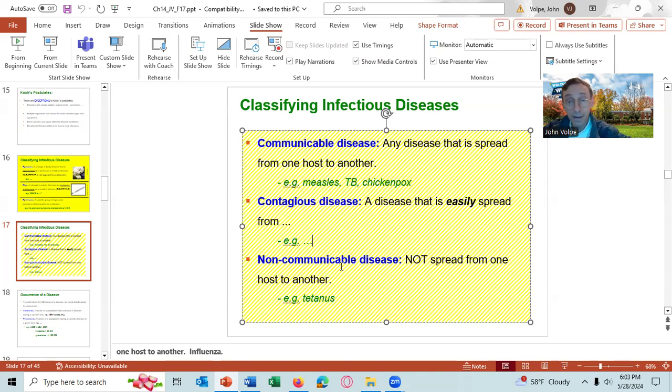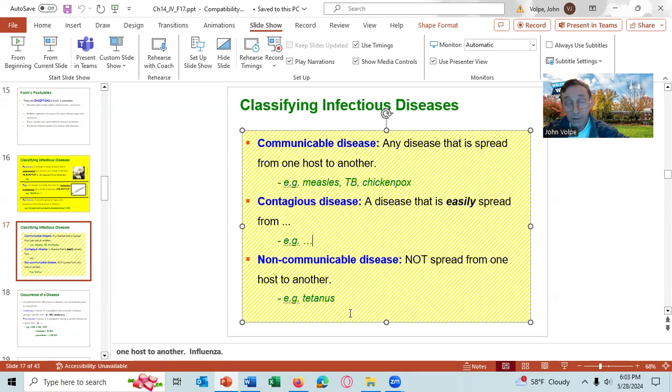There is a non-communicable disease, and this is a disease that does not normally spread from one host to another. Tetanus and botulism are two non-communicable diseases that do not spread from one host to another, at least in normal circumstances.